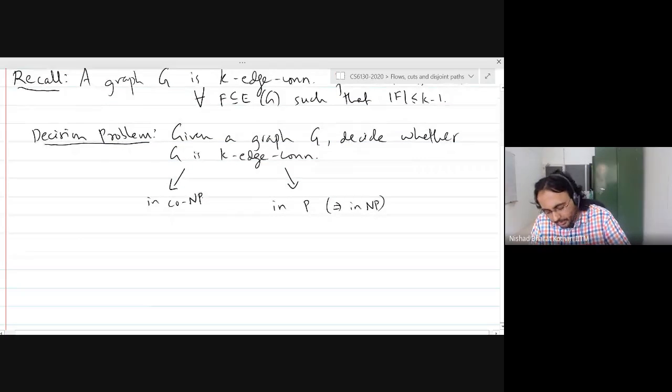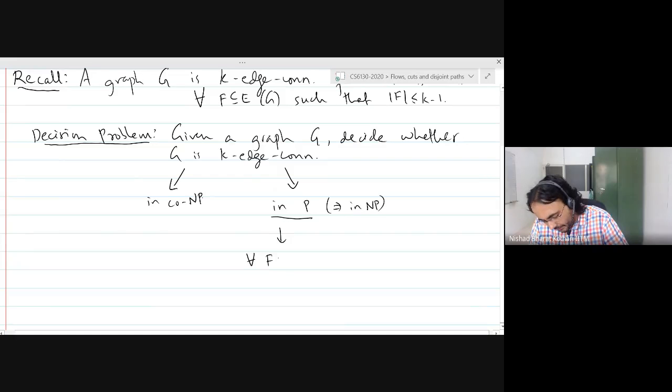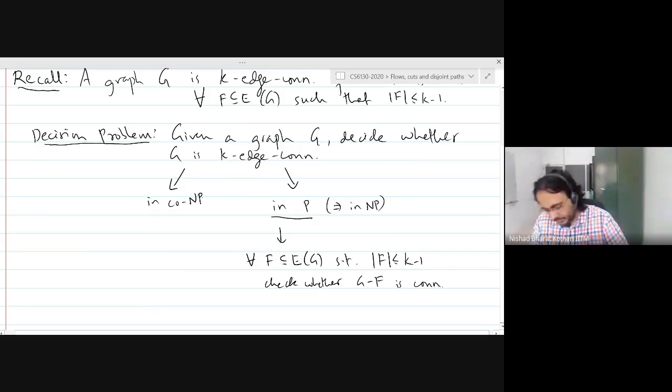And what was the polynomial time algorithm we discussed? Well, we just said that for each subset F of the edge set such that the size of F is at most k minus 1, check whether G minus F is connected.